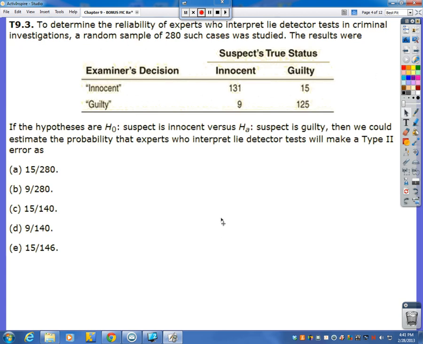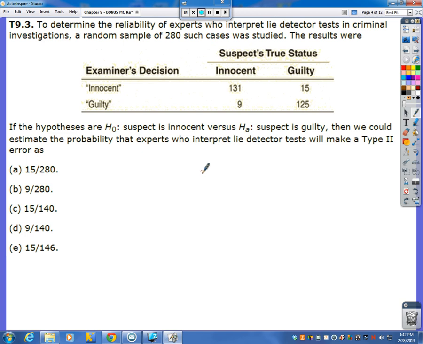Number 3, to determine the reliability of experts who interpret lie detector tests in criminal investigations, a random sample of 280 such cases was studied. The results were right there. If the hypotheses are H naught, suspect is innocent, versus HA, suspect is guilty, then we could estimate the probability that experts who interpret lie detector tests will make a type 2 error as... So first let's talk about a type 2 error.